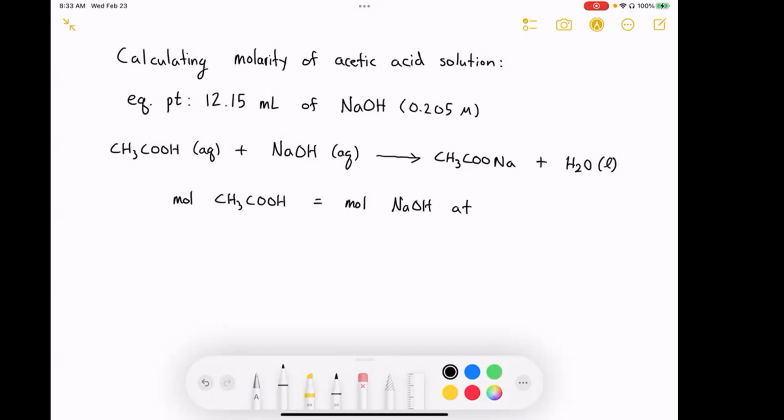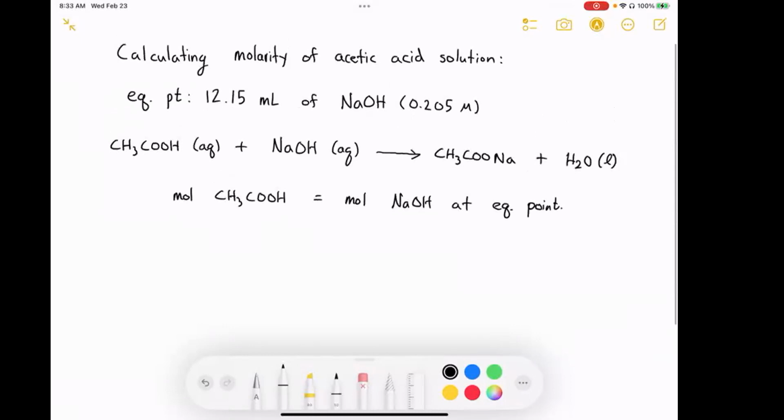At my equivalence point, I've added enough base to react with all the acid. So there's no more acid present, because all the base I added has reacted with it. So we can say at that point, moles of acetic acid equals moles of sodium hydroxide. Since it's a 1-to-1 ratio, let's calculate the moles here.